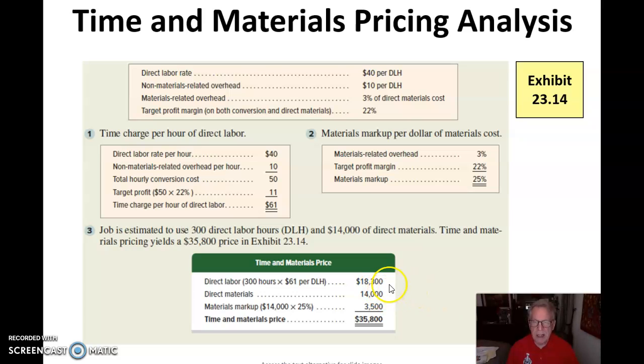Well, we take direct labor, 300 hours times $61 per direct labor hour. We add the $14,000 of direct materials here, and we mark that up at this 25% materials markup of $3,500. Add them all together, we get $35,800.